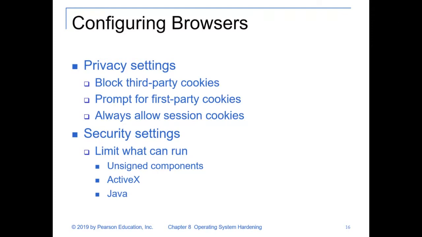Your browsers also need to be configured correctly. Some privacy settings need to be set: block third-party cookies, prompt for first-party cookies, allow session cookies. You can also set your security settings to limit what can run, such as unsigned components, ActiveX, or Java.